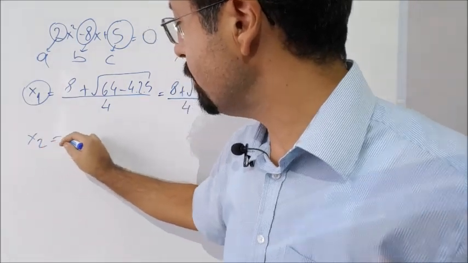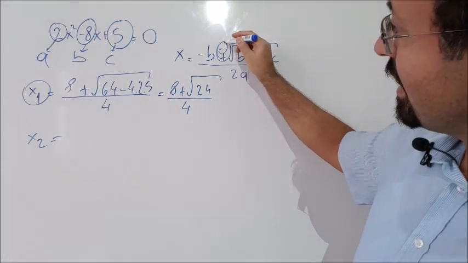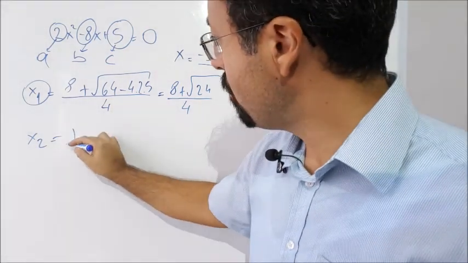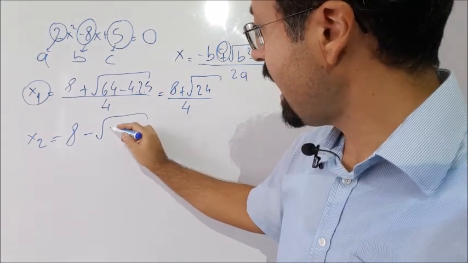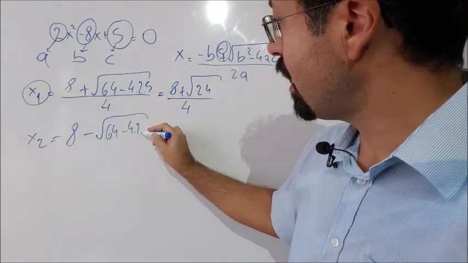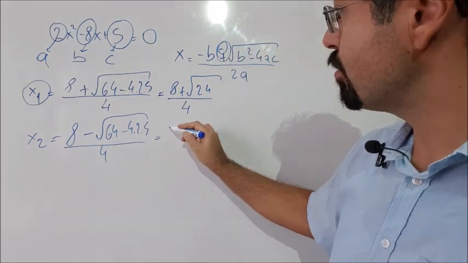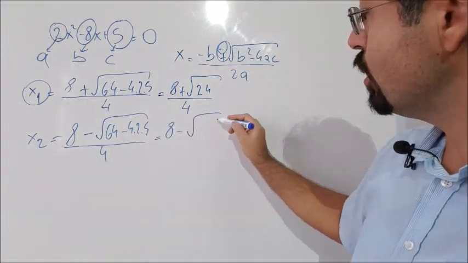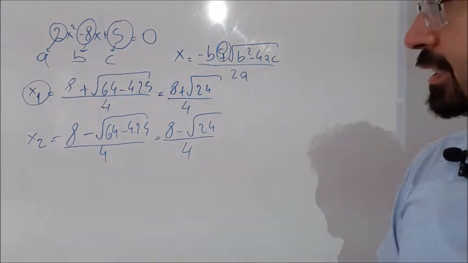For x2, everything is the same but here we're going to have minus. 8 minus, exactly the same thing, 4 times 2 times 5, over 4, is equal to 8 minus root 24 over 4, guys.